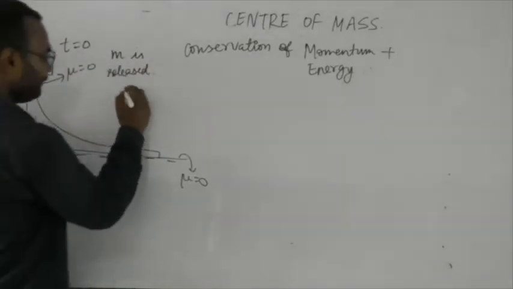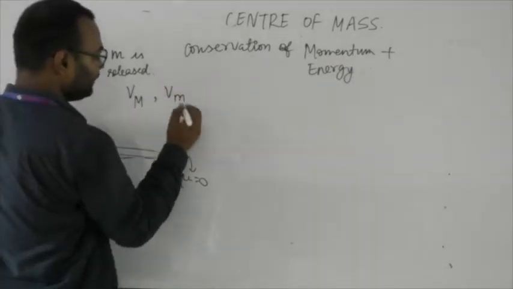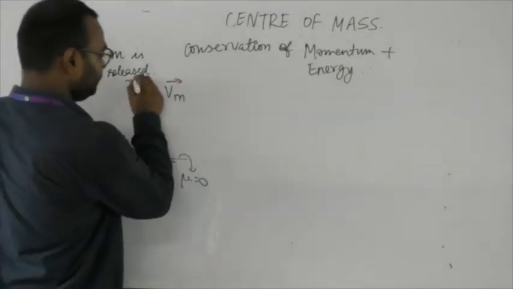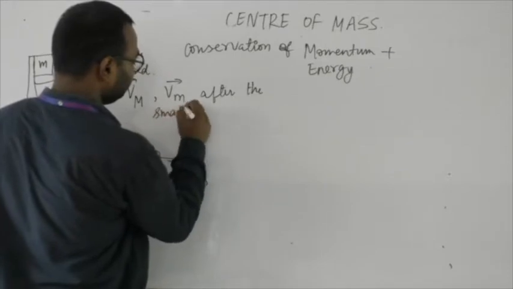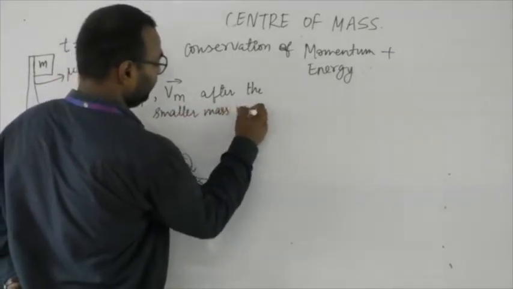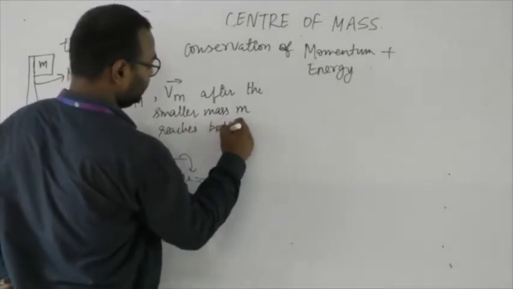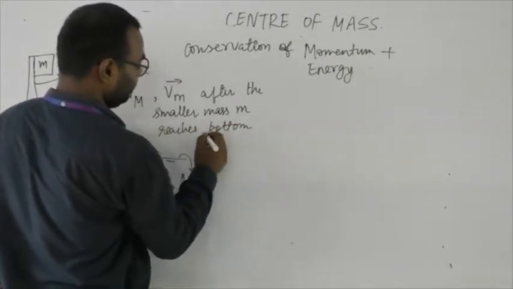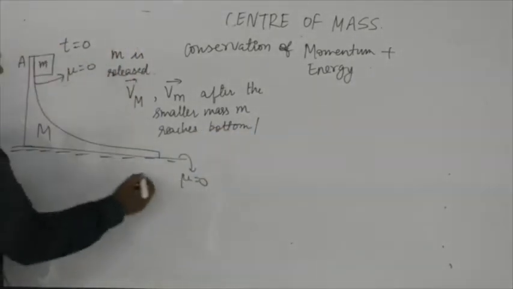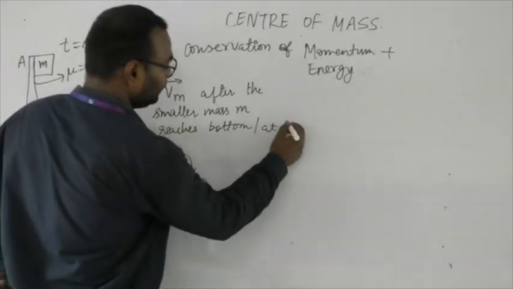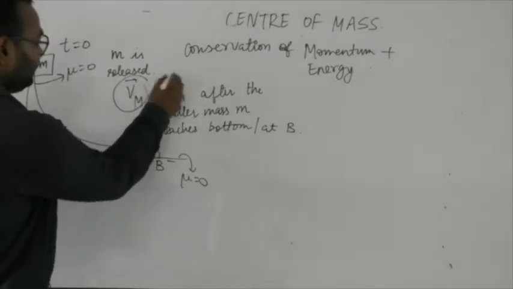You have to find the velocity of the wedge and the velocity of mass m after the smaller mass m reaches the bottom. If I assign points A and B, so at B, right? Now you have to find the velocities.